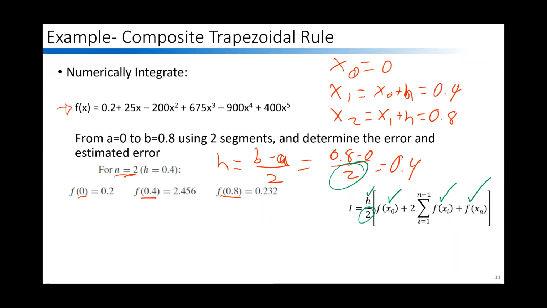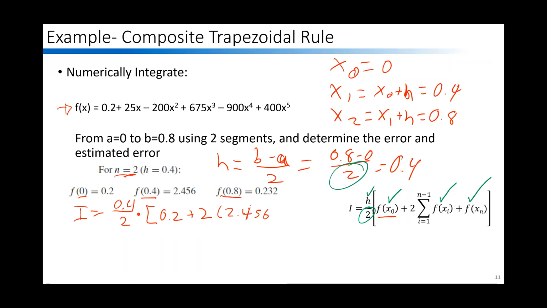So we can say that I is equal to h, so 0.4 over 2, times the quantity f of x0, so 0.2, plus 2 times the sum of all the middle points, so that's 2.456.